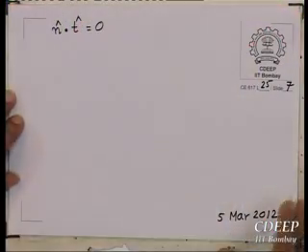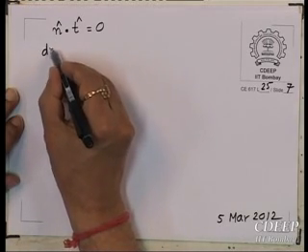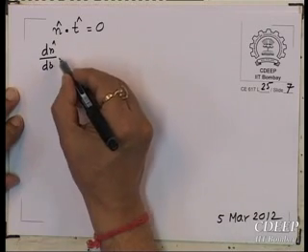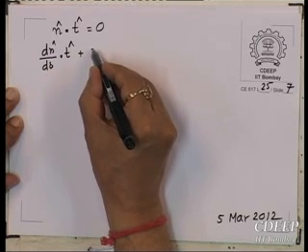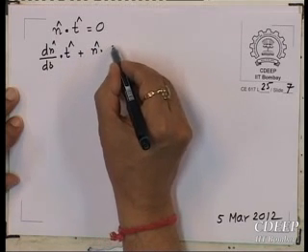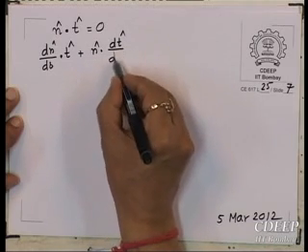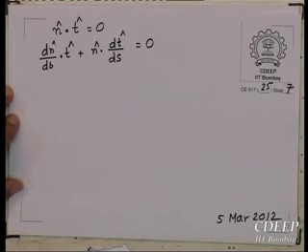Now let us see. If I take the derivative of this with respect to s, s is the arc length, ds, dn by ds dot t plus n dot dt by ds. This also is 0.